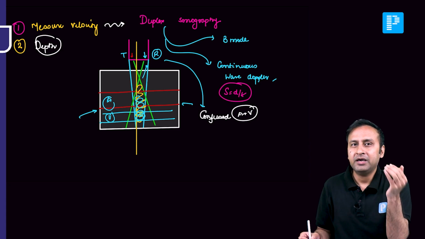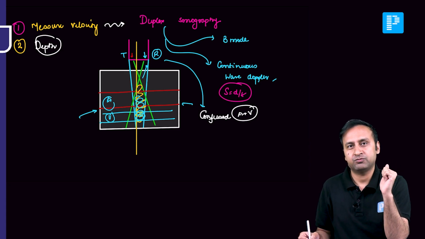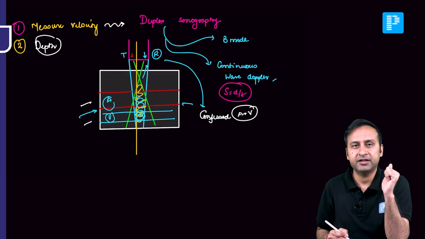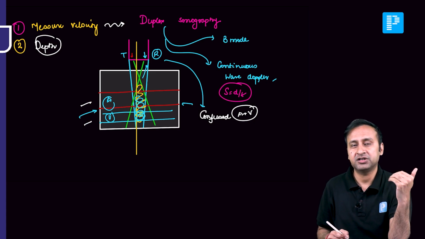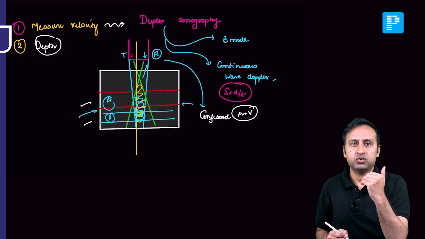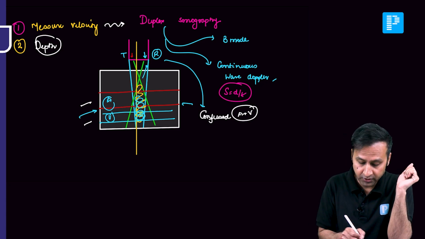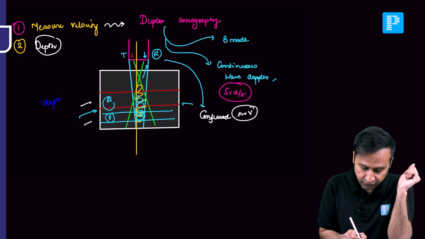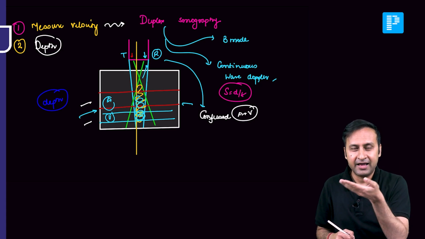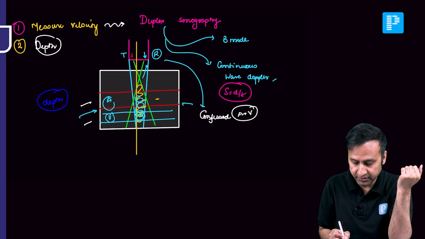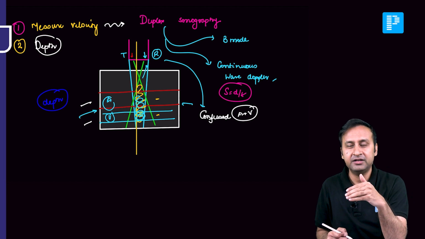The only way in which we can solve this problem is if we can isolate the signal from the artery and isolate the signal from the vein. And that we can do only once we know what the depth is. Because if you know the depth of the artery and that of the vein, then you can obviously take Doppler signals from the artery and the vein separately.